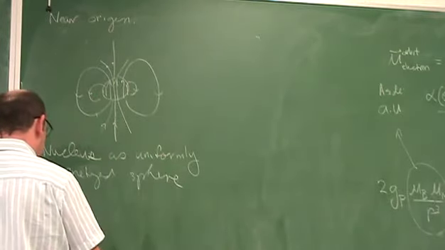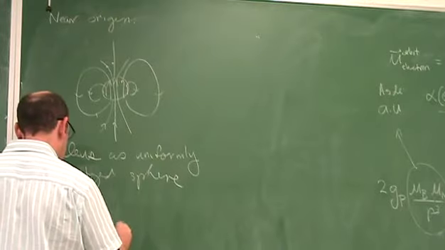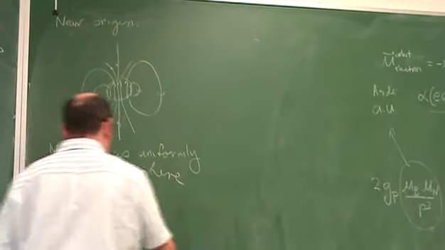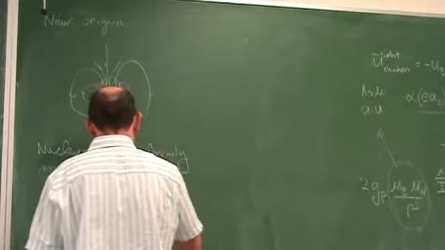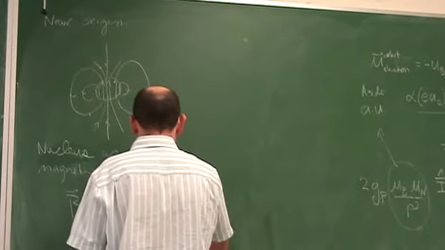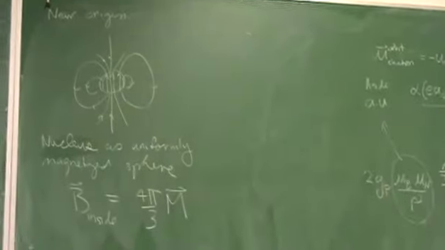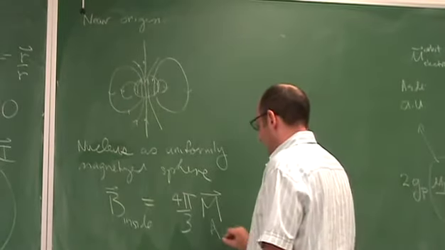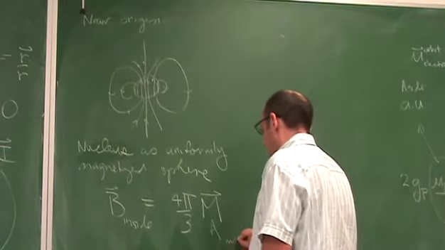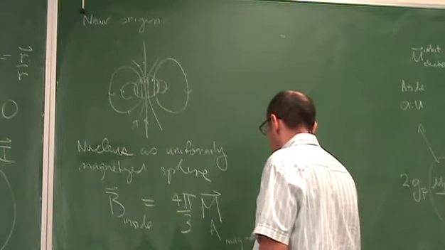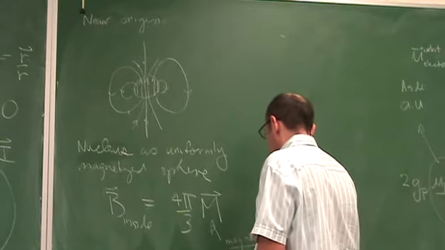then the B field inside is mu naught over 4 pi times 4 pi over 3 times the magnetization, where M is the magnetic dipole per unit volume.